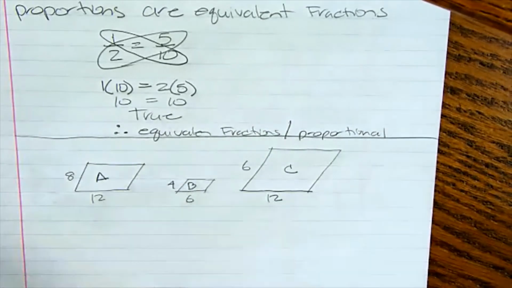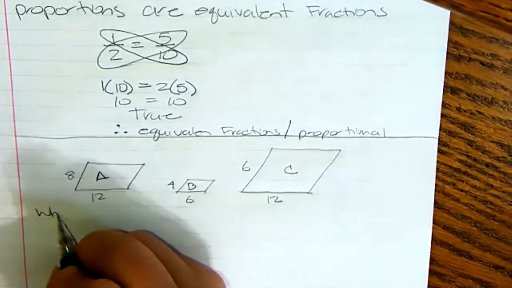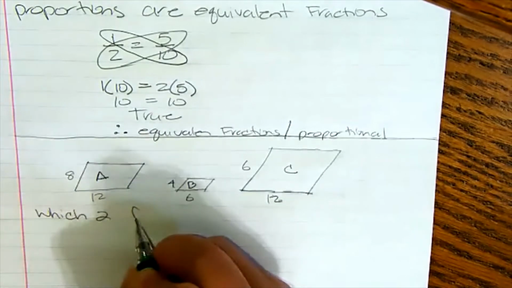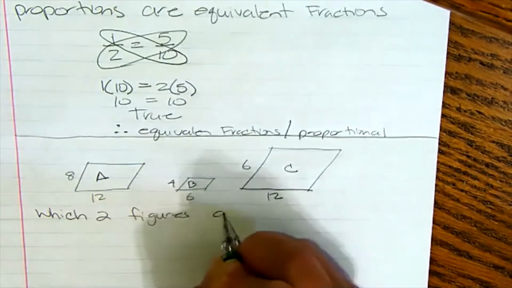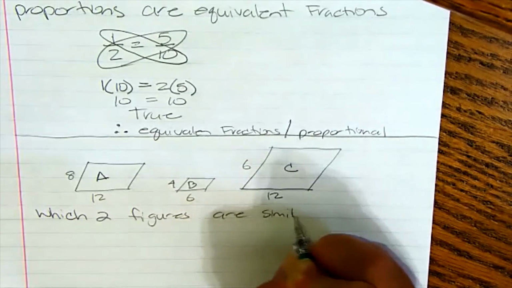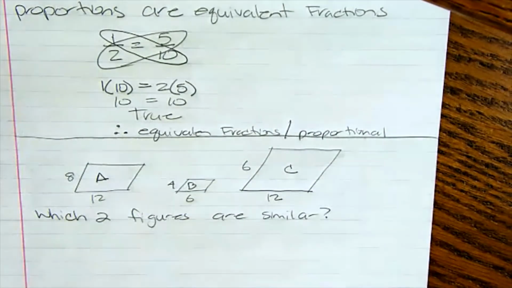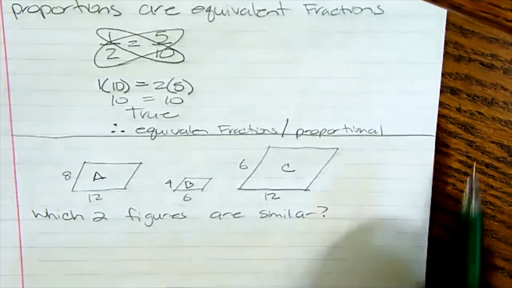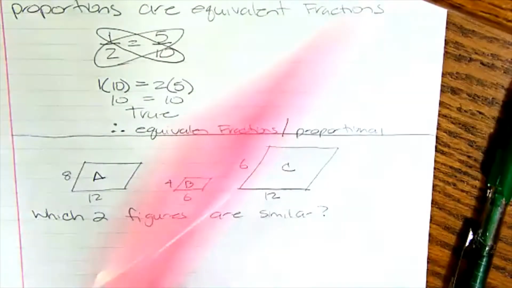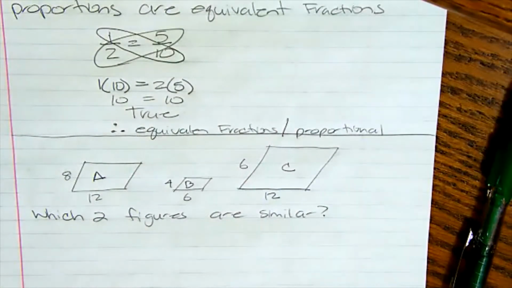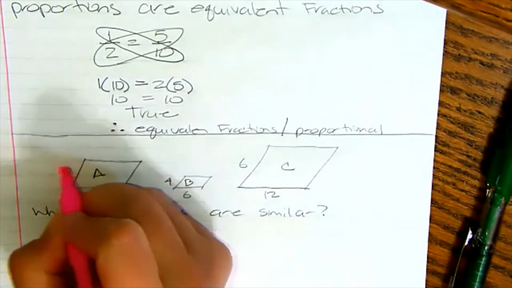And we want to know which 2 figures are similar. And we know that similar figures are proportional. So we need to find the corresponding sides.